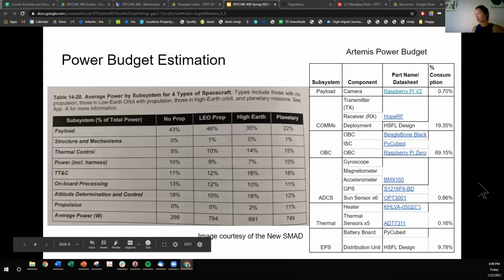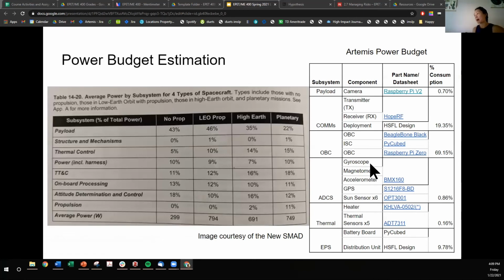But for our kits, what you'll notice is that the ADCS subsystem does not take up much power, because we have mostly sensors that draw very little power to get measurements. We don't have any reaction wheels or control moment gyroscopes.